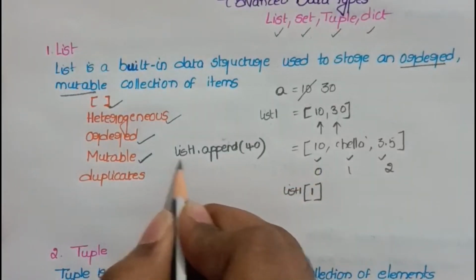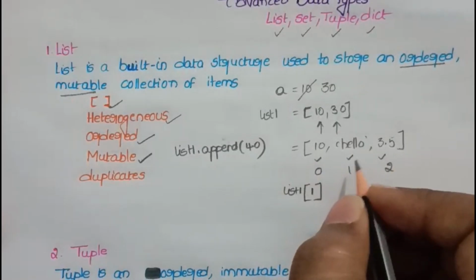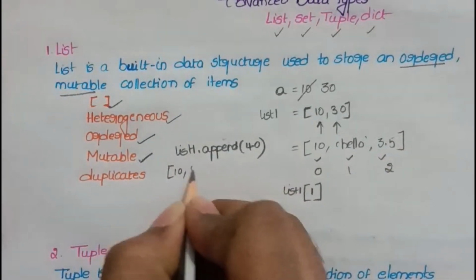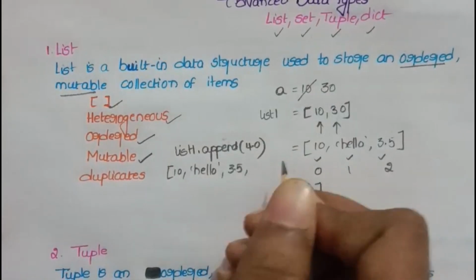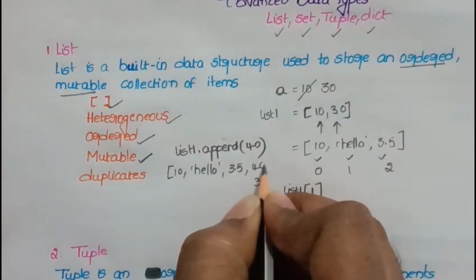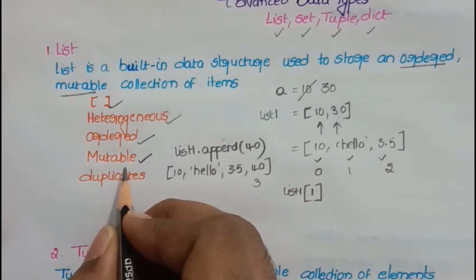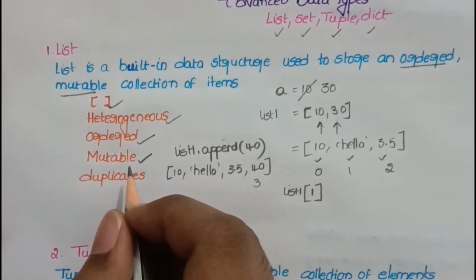If you say list1.append(40), this list will get increased and 40 will get added to the existing list like this. At index 3, 40 will get added. Mutable means we can change, we can add or delete elements of that data type. Then that data type will be treated as mutable.